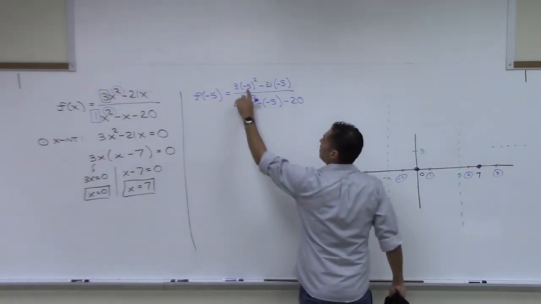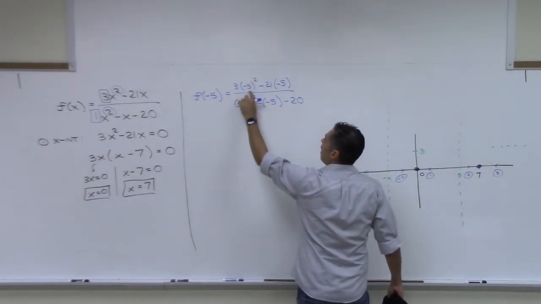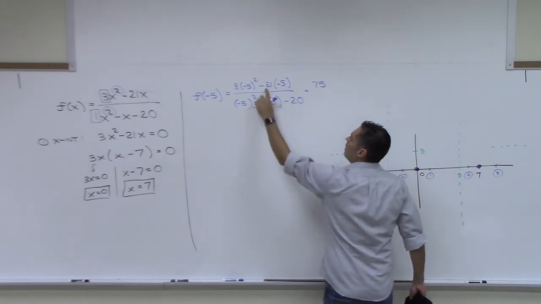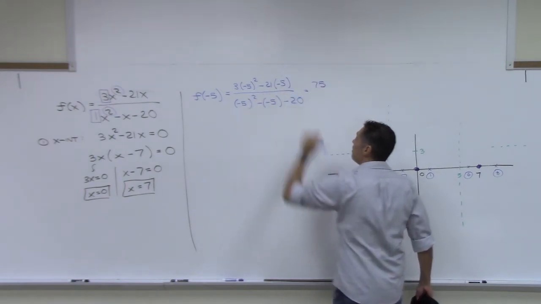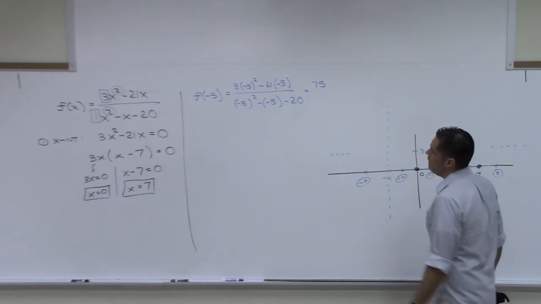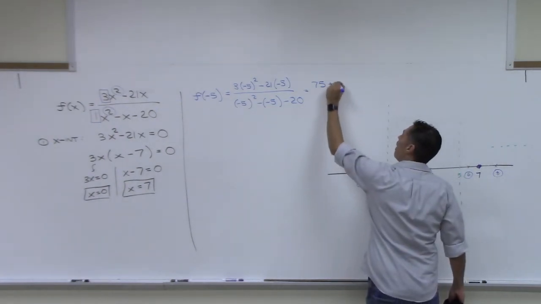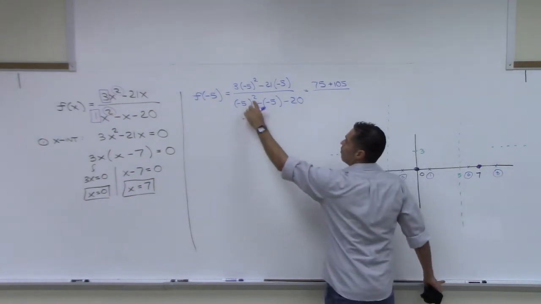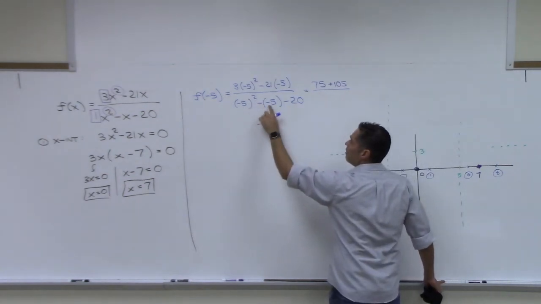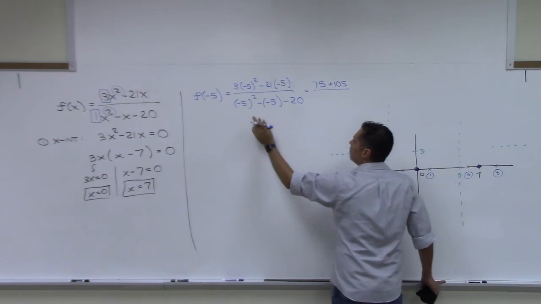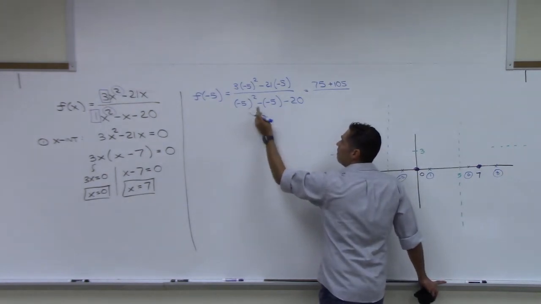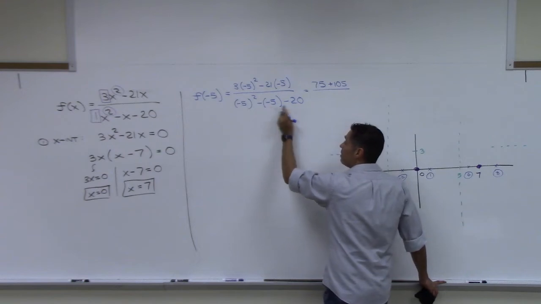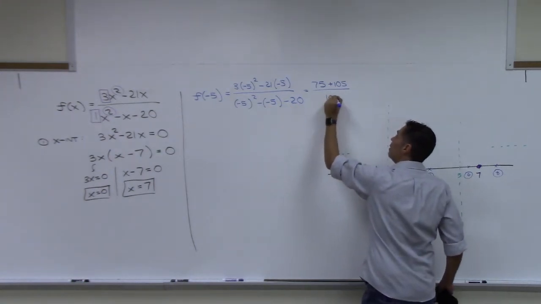So we square that first, we get 25. 3 times 25 is 75. -21 times -5 is a positive 105, so plus 105. All over, -5 squared is 25, minus -5 is plus 5, so 25 plus 5 is 30. Take away 20, that's 10.